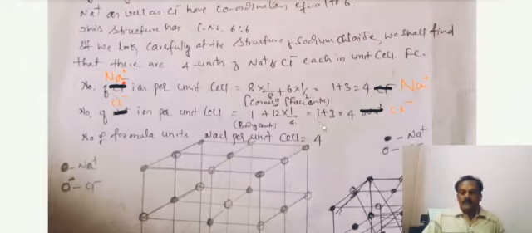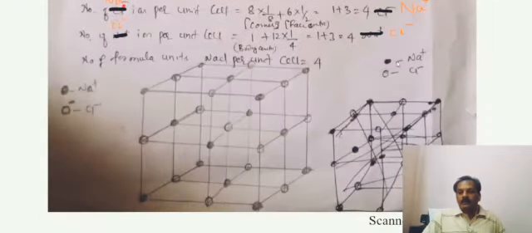When you consider this entire unit cell, it is equal to 4 Na plus ions and 4 Cl minus ions, so 4 NaCl molecules are present in the unit cell of sodium chloride.